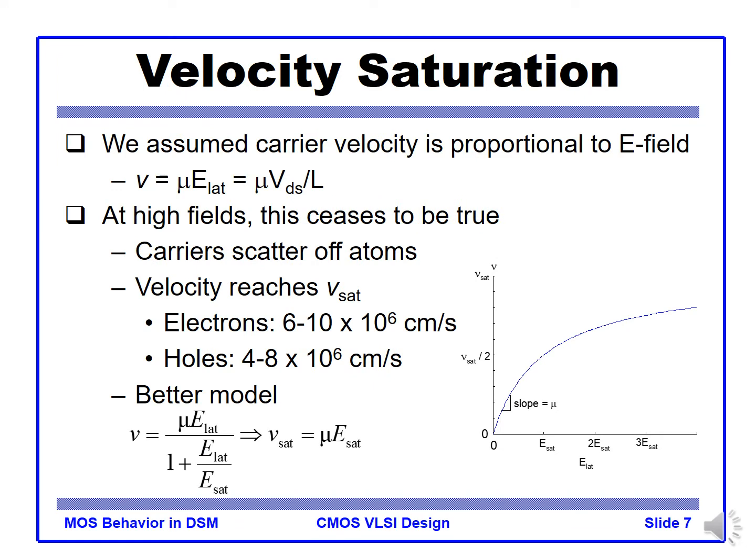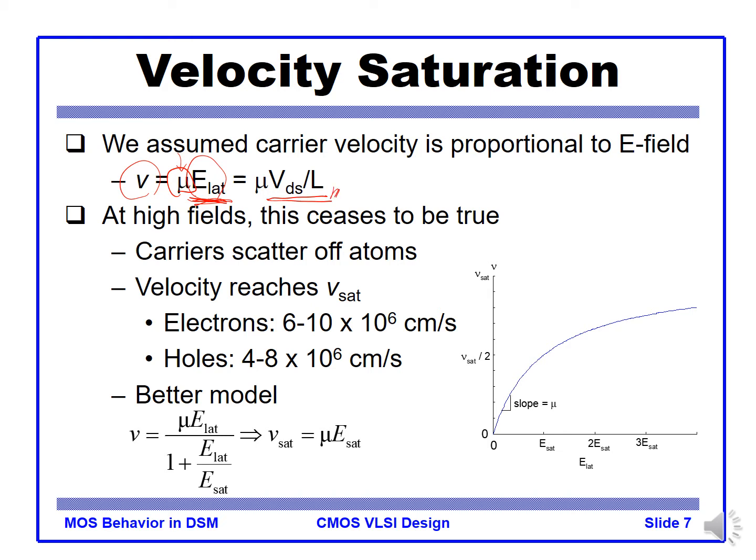So what would be the reason for that? The first reason is velocity saturation. So far we just assumed that the velocity is proportional to electric field strength. The proportionality is defined by the mobility, which differs for electrons and holes. The electric field strength is VDS over L, where L is the channel length.